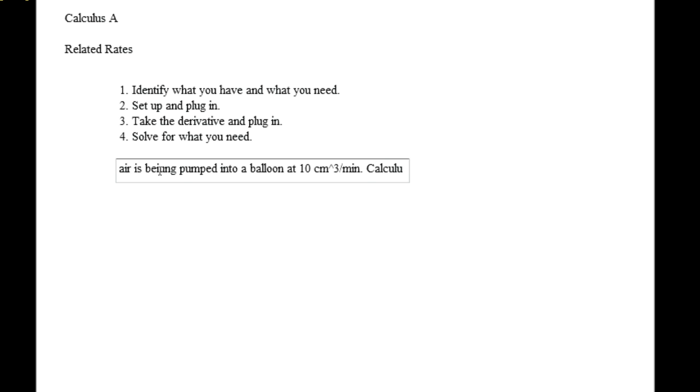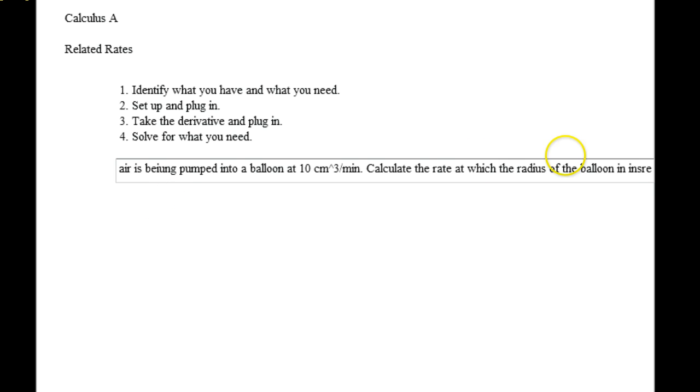Calculate the rate at which the radius of the balloon is increasing when the diameter is 15 centimeters.